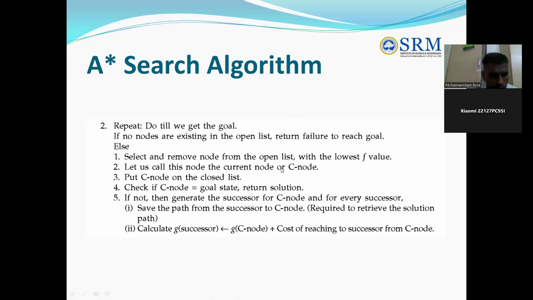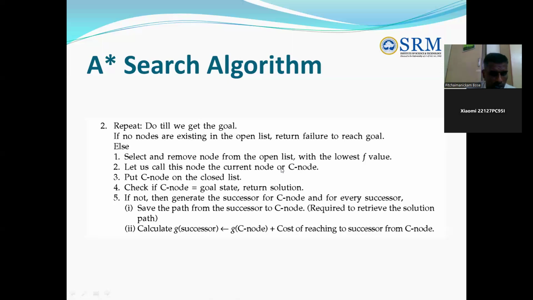Put the C node into the closed list and check if the C node is the goal node; if so, we stop. Otherwise, generate the successors of the C node, and for every successor, save the path from the successor to the C node, and calculate g of successor as g of C node plus the cost of reaching the successor from the C node.